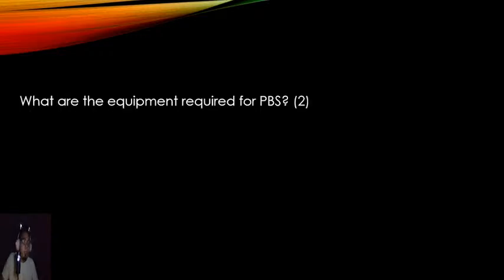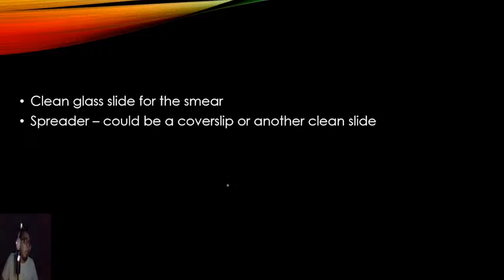All right, so the equipment used for peripheral blood smears, of course, a clean glass slide and your spreader slide. You could use a spreader, either a cover slip or another clean slide. These are important things that you need to remember because there are several techniques out there.